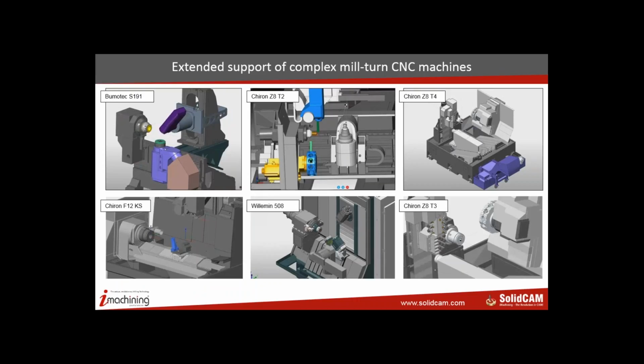They work differently to your more conventional machines, such as sliding head type of machines with multi-fixtures on a turret at the end of the machine, like you may have a chuck or a center that may be indexable. So very, very complex machines that are coming onto the market these days need supporting by CAM systems, and SolidCAM is at the forefront of supporting Milturn machines.